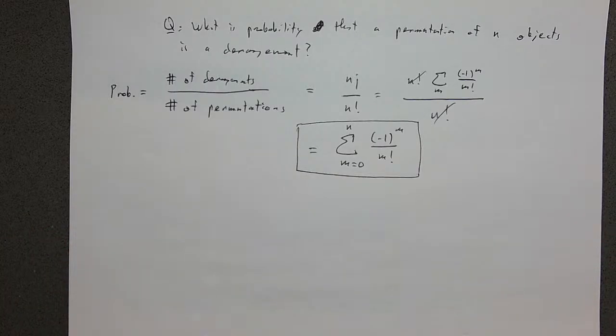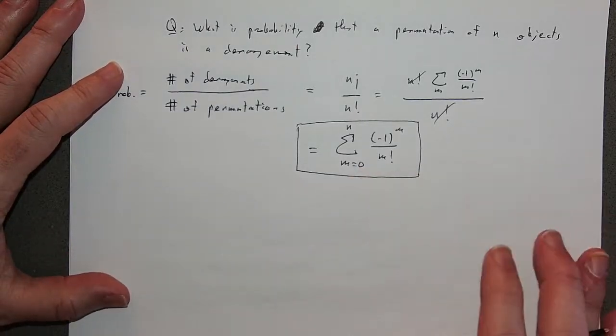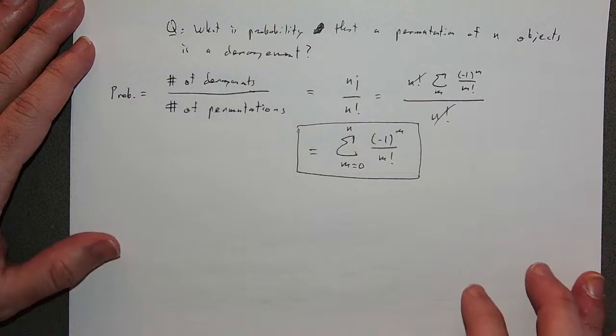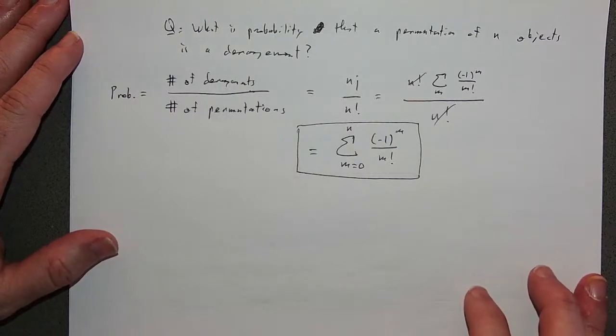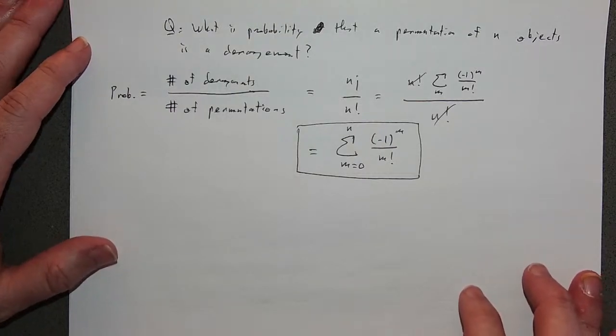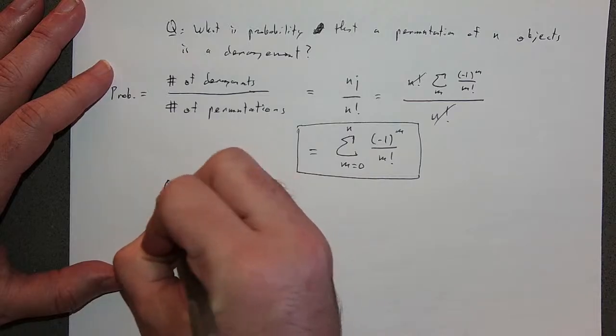So this fully answers the question of probability. The question, what is this in the limit?